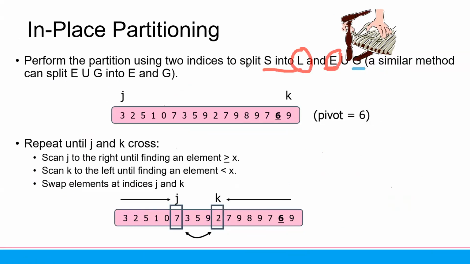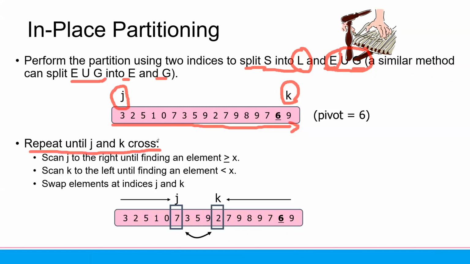You can split S into L and the combination of E and G, or split E union G into E and G, that's also fine. I have this sequence, and then J starting at the first position and K at the last index.